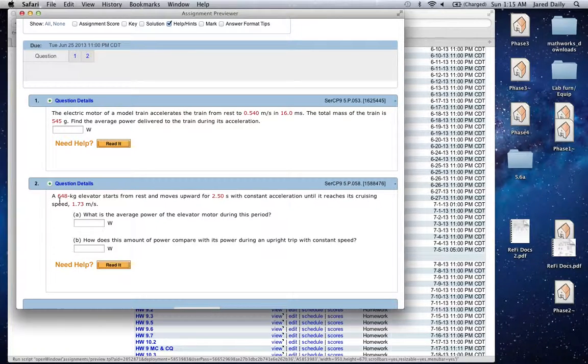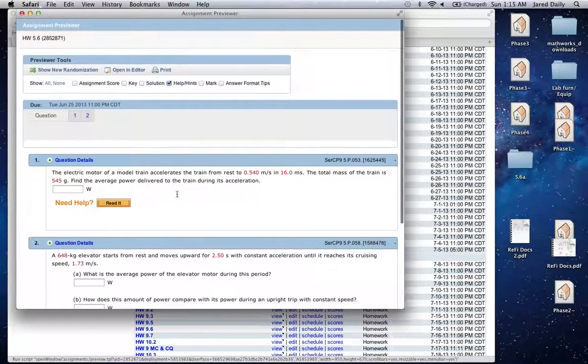Use that force. Also use a kinematic equation to find distance. You're going to have to use kinematic equations a few times here. But that's not uncommon because you often need distance, force, and time to do work, or to do power equations.